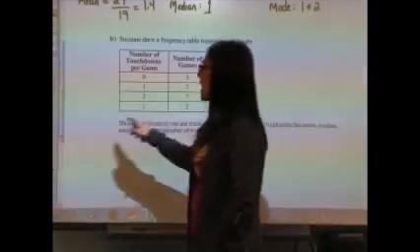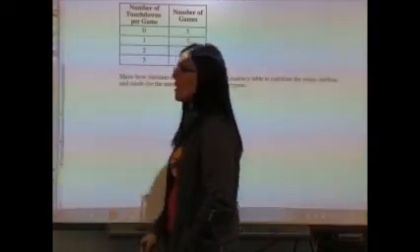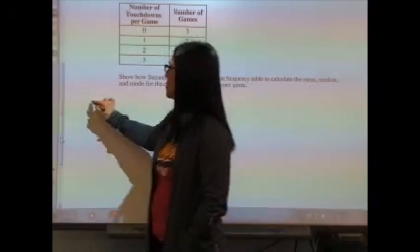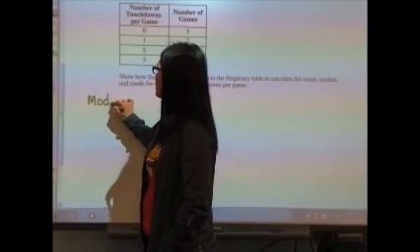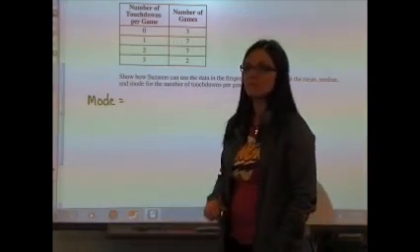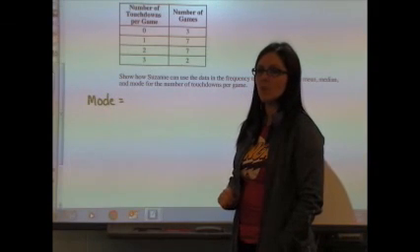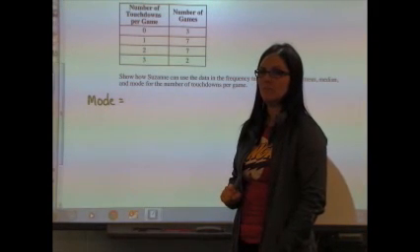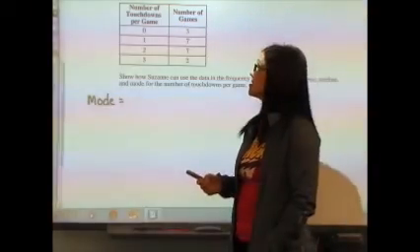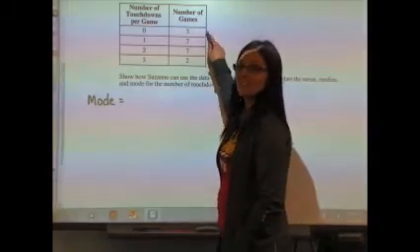So if instead I used a frequency table, could I still find the mean, median, and mode? Well, how would I find the mode using the frequency table? What does mode stand for again? The number that occurs the most. So what would I be looking at? 7.